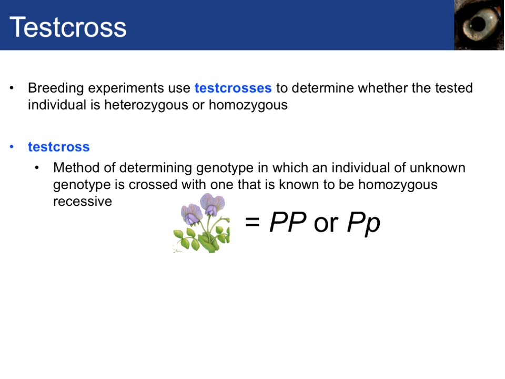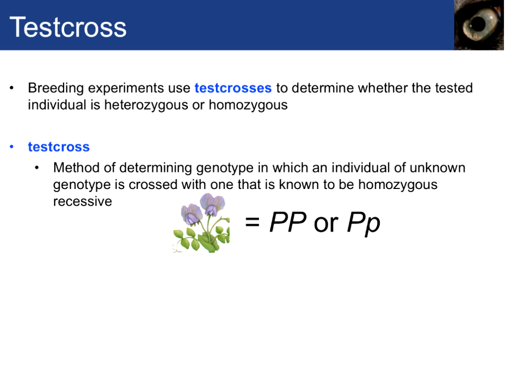Breeding experiments use test crosses to determine whether the tested individual is heterozygous or homozygous. Since you can't tell whether an organism that expresses the dominant phenotype, such as purple flowers, is homozygous dominant or heterozygous, you do a test cross to determine the genotype.